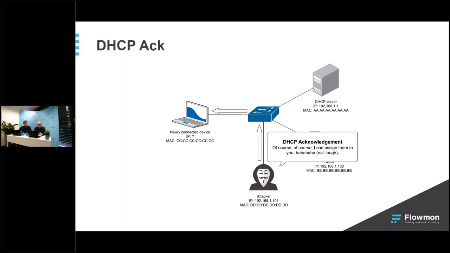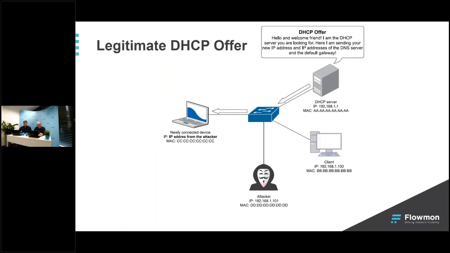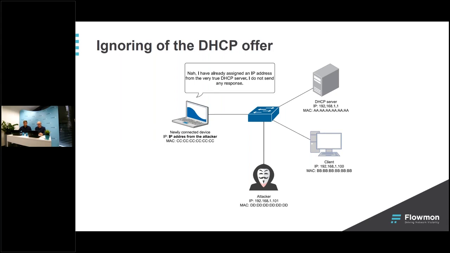All right, and now the attacker just sends the DHCP acknowledgement, and the newly connected device configures the IP address and all the parameters to itself. And now when the legitimate DHCP server sends a DHCP offer, the newly connected device just ignores that, because it has already assigned an IP address from the attacker, right?